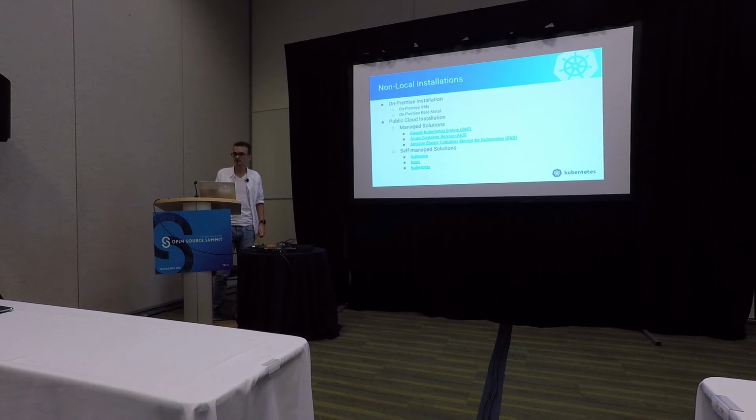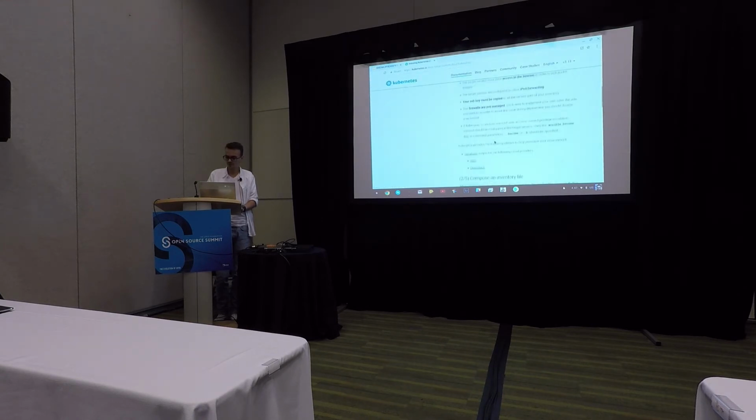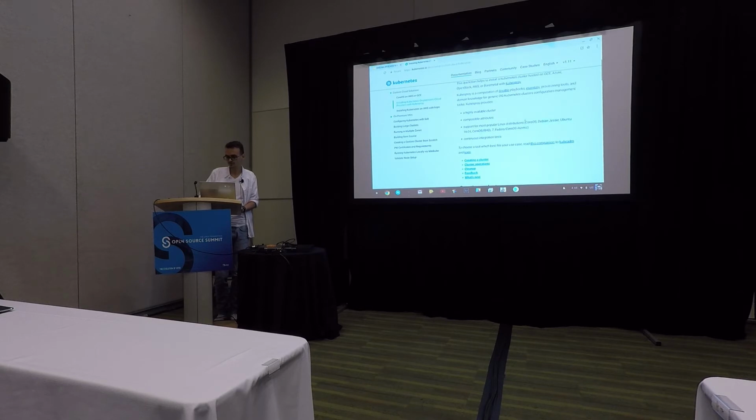So kubespray is a pretty simple solution with really wide capabilities. The biggest benefit of using kubespray, if I open their webpage and documentation, is that they support multiple Linux distributions.